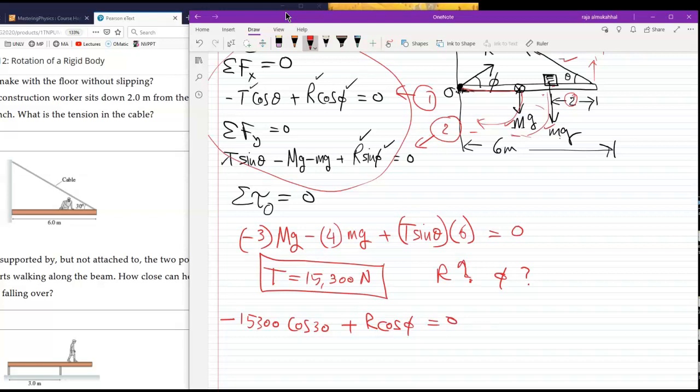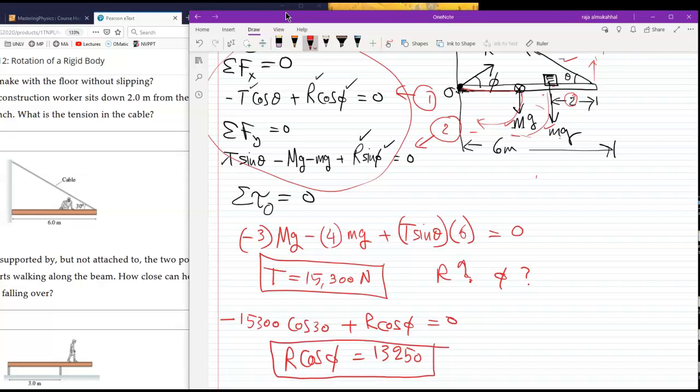So it's going to be cosine 30 is 0.866 times 15,300. So that's going to be basically, I have this equation, R cosine phi equals 13,250. I'm approximating it. There we go. I got this equation. Got it so far?